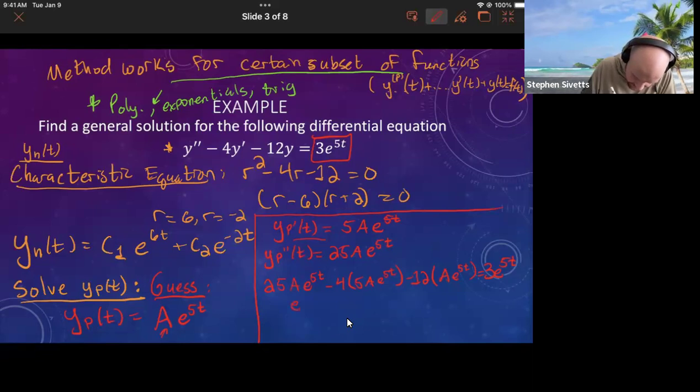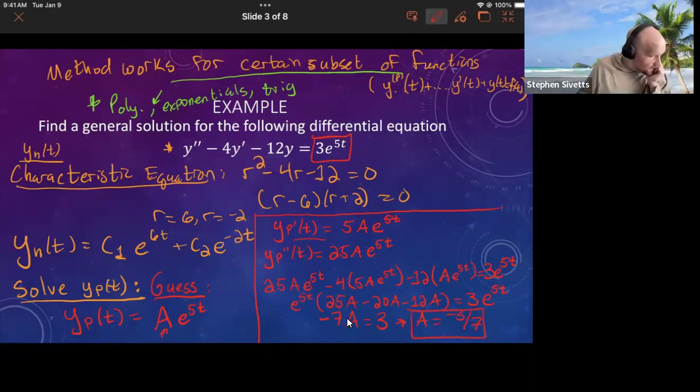So we'll have e to the 5t times (25A minus 20A minus 12A) equals 3 times e to the 5t. So we have minus 7A equals 3. Therefore A is equal to negative 3/7.